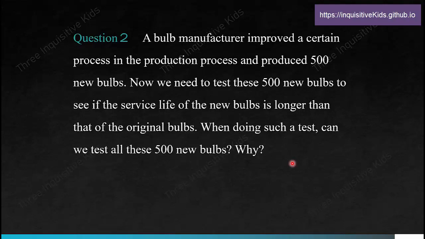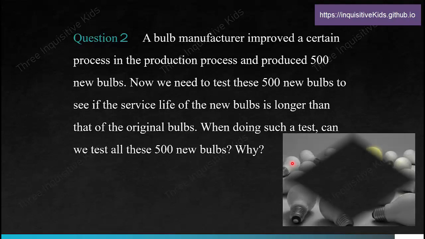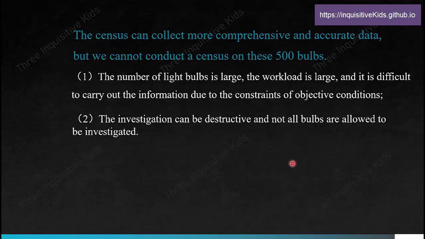So there's 500 light bulbs, and there's no way we can test out all of these 500 new bulbs. Here it says the census can collect more comprehensive and accurate data, but we cannot conduct a census on these 500 bulbs.